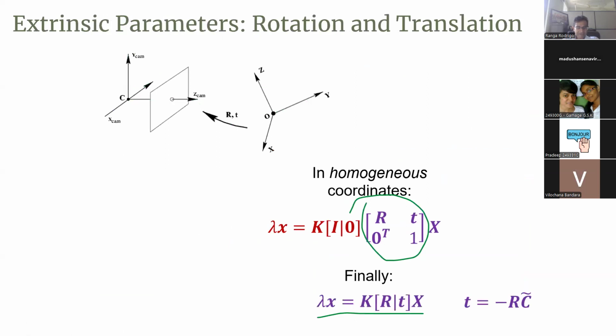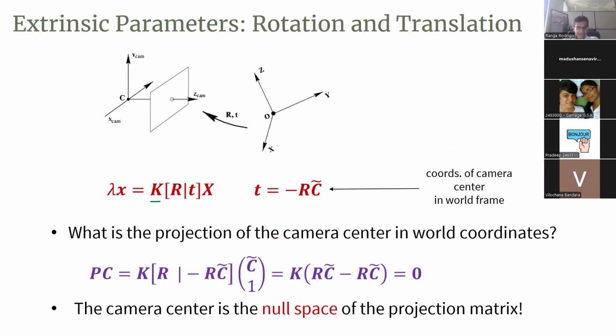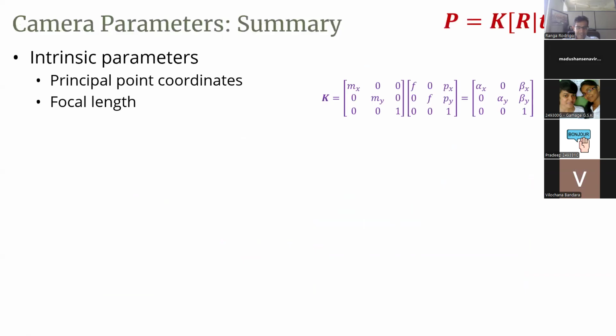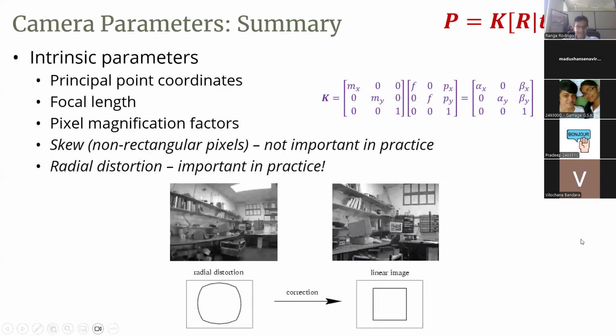So this is that 3 by 4 matrix. This matrix includes the parameters of the CCD sensor also. The sensor is there inside. So we will understand how to relate the parameters of the sensor to the millimeters in the image.